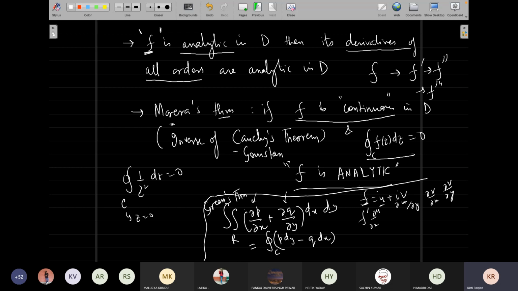So when I am writing del P over del x, think of del u over del x, del u over del y, del v over del x, del v over del y, and then we put in the Cauchy-Riemann condition, and we will show that for an analytic function, this integral turns out to be 0. This is how Cauchy's theorem is proved.